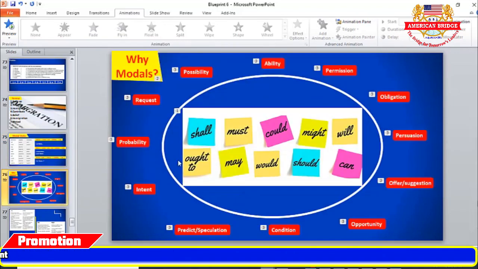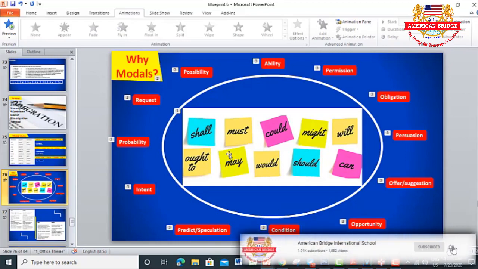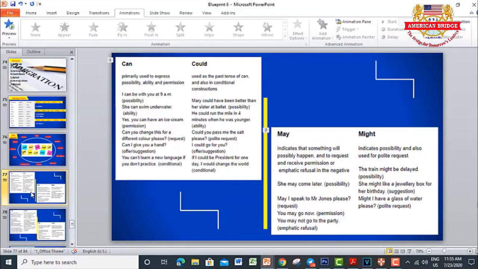And these are some reasons why we use the modal verb, everyone: for possibility, ability, permission, obligation, and so on. But to make sure you use it correctly, here can and could we use to express possibility, ability, and permission.